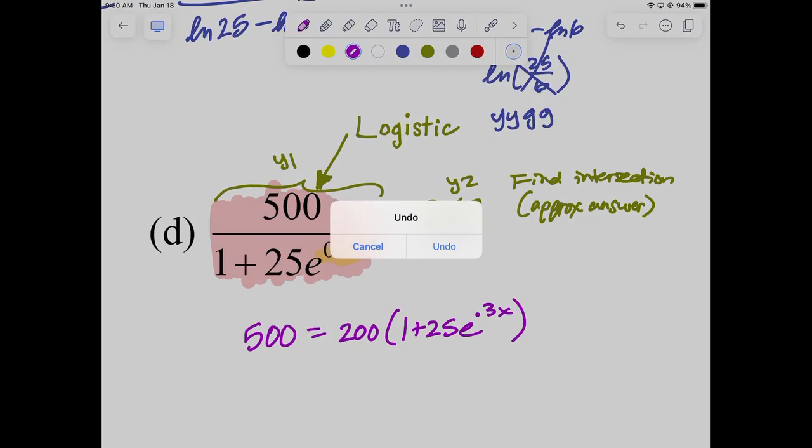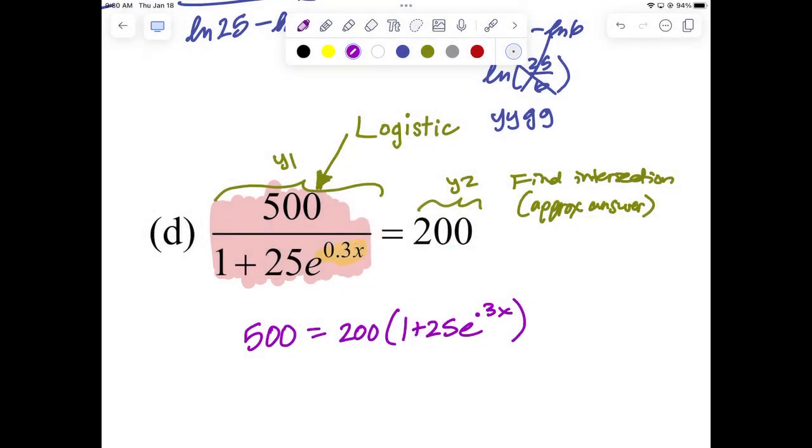Now, I have 2 options here. I only have variables on the right. I can either A, distribute the 200, or B, I can divide both sides by 200.